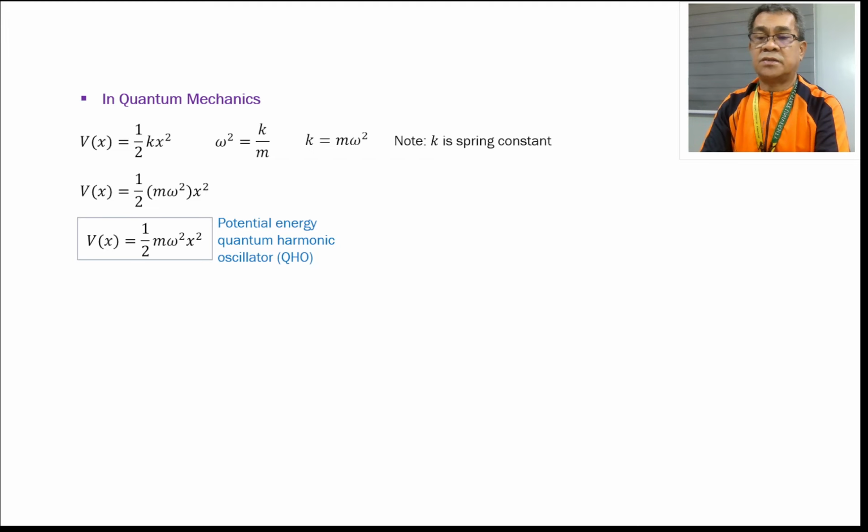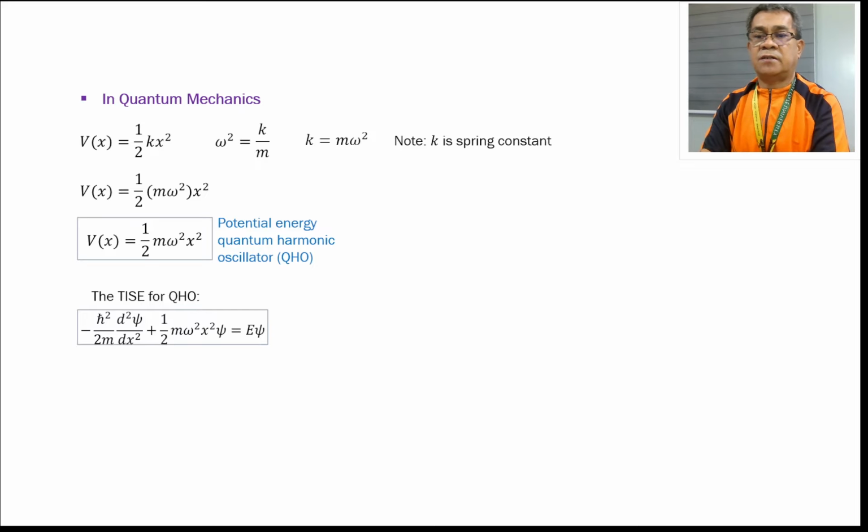So a portion of the problem in the system, we choose the harmonic oscillator. The potential energy can be calculated by using the angular frequency, the position, and the mass: one half m omega squared x squared.